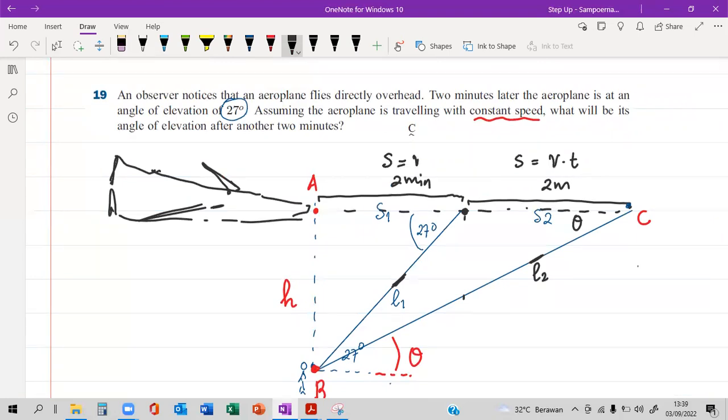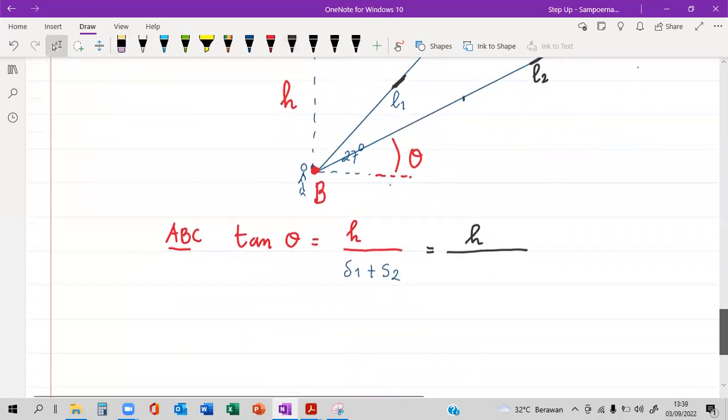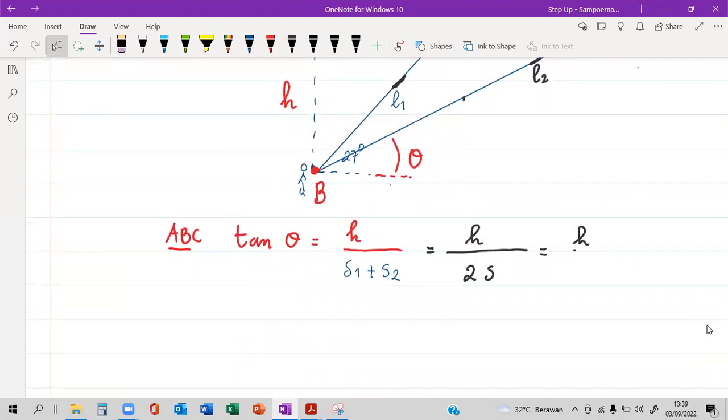So I can write S1 and S2 as 2S, and this is height over 2 times velocity times t. So that's my tangent theta. Am I right?